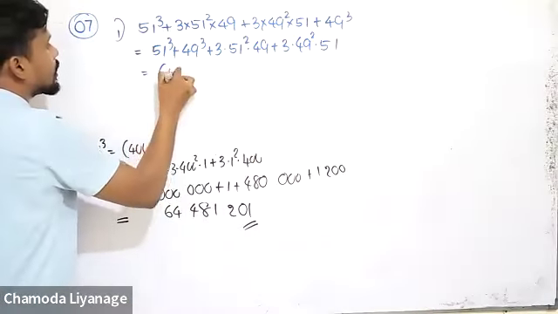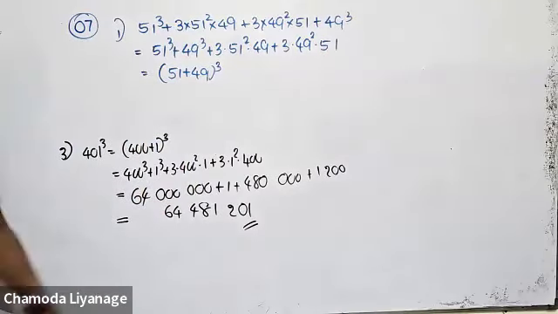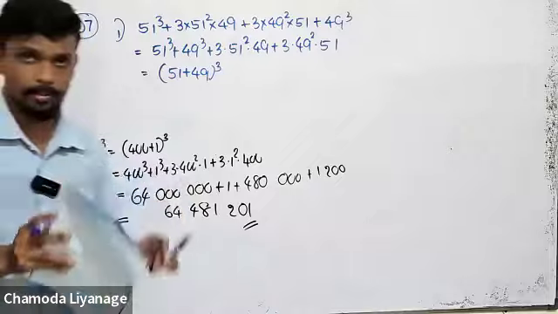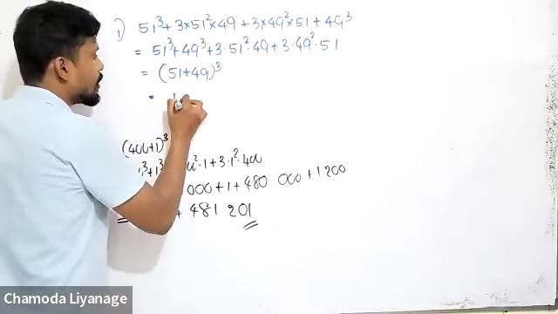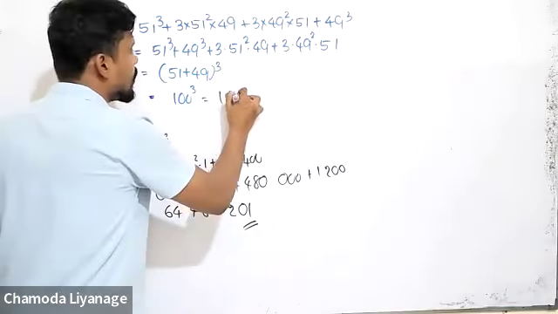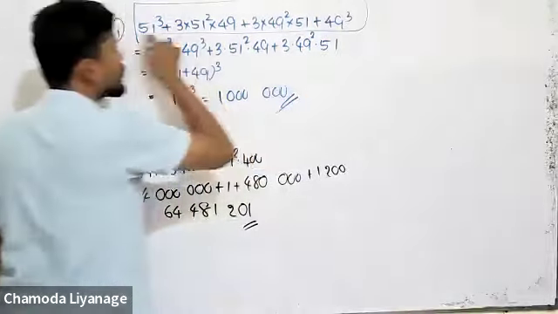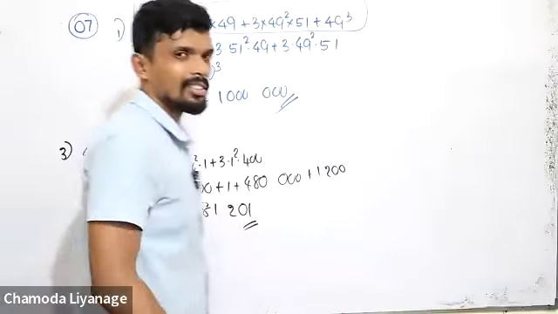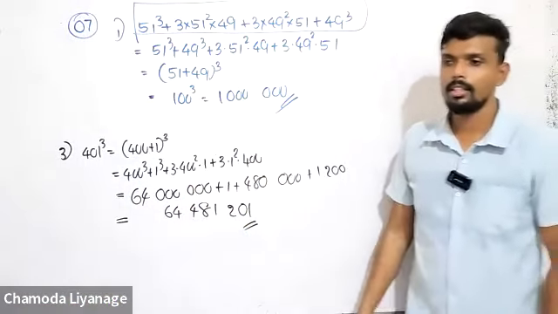So this is the expansion of 51 plus 49 cube. Is it okay? What is 51 plus 49? It is 100. So this is 100 cube. And 100 cube is 1 million. Right? So the answer of this expression is 1 million.